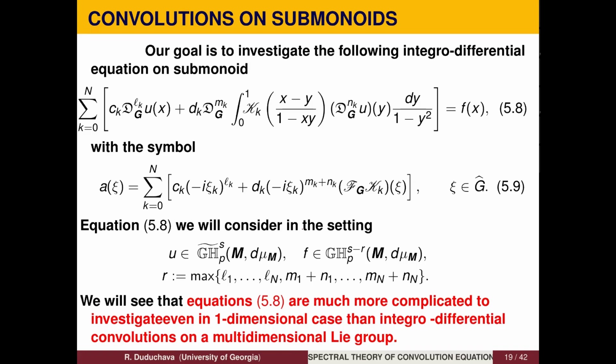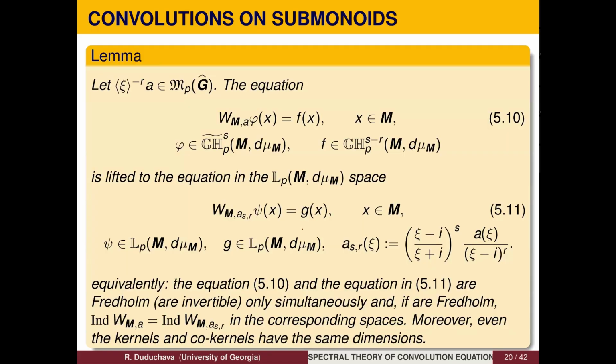If the symbol was elliptic and from the multiplier class, then we had the inverse operator. Here it's not so. It's much more complicated. And I will explain the exact conditions.